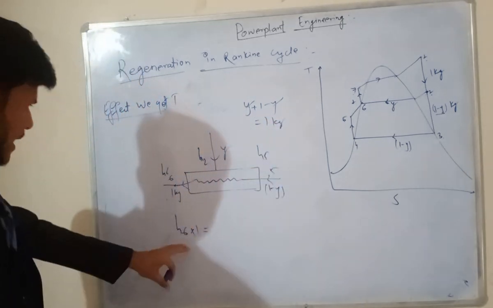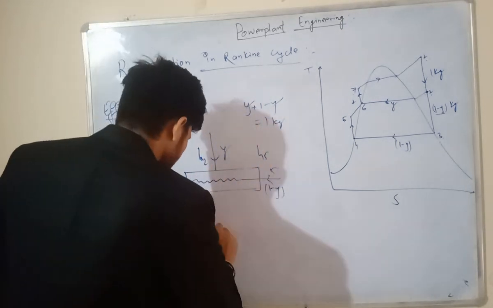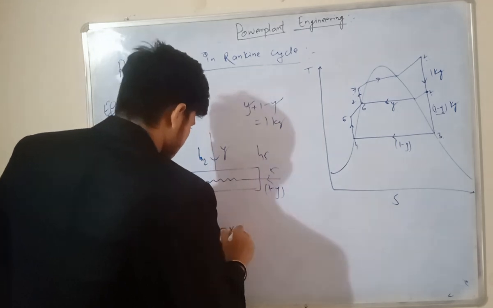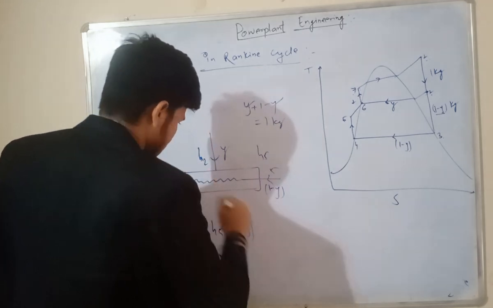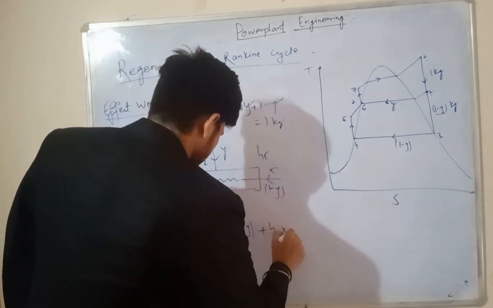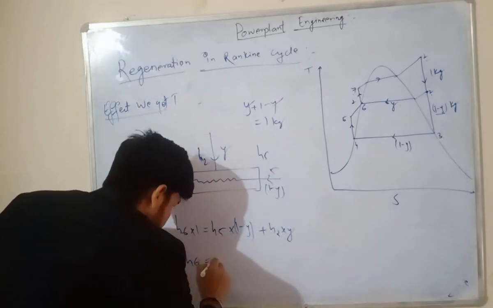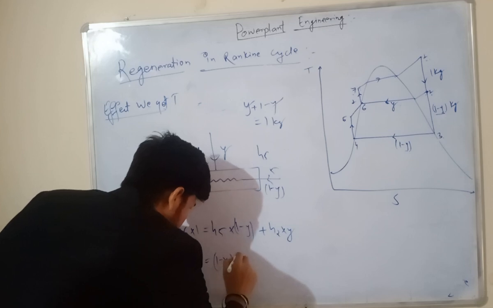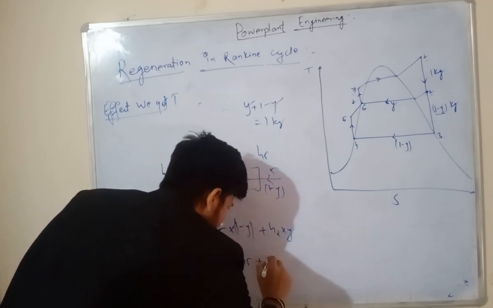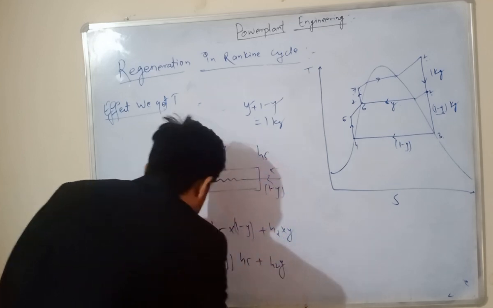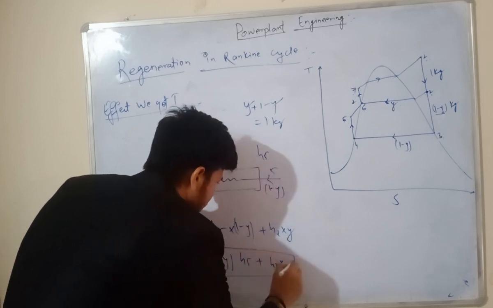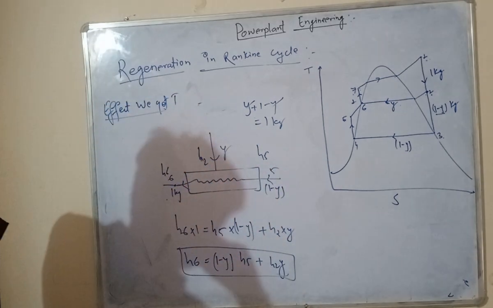So H6 into 1 equals H5 into 1 minus y plus H2 into y. It means H6 equals 1 minus y times H5 plus H2 times y. If we are able to find the value of y, we can find out anything.